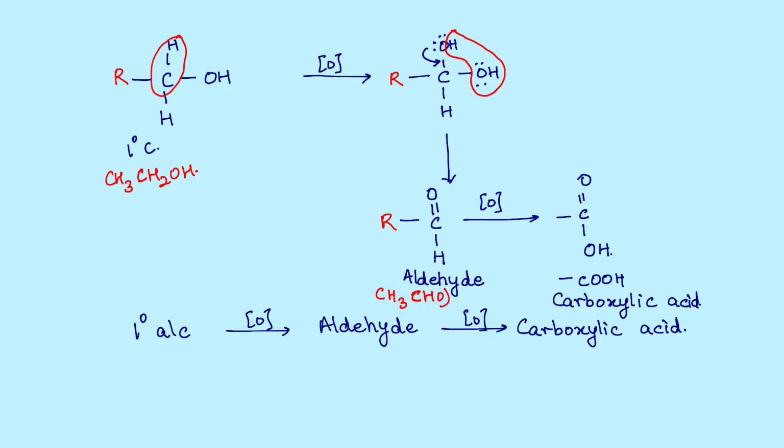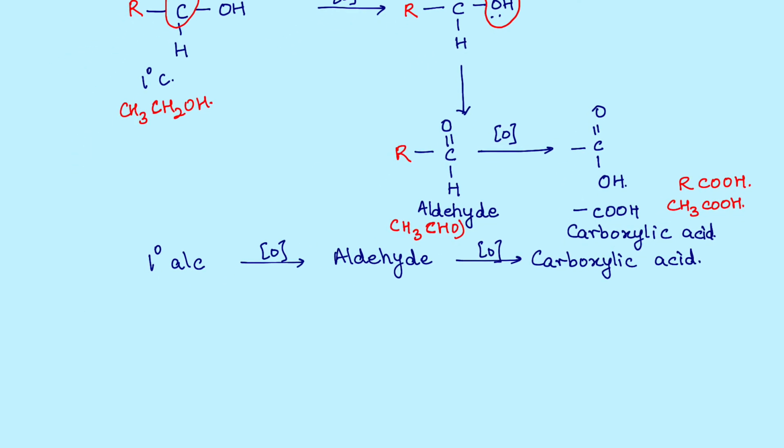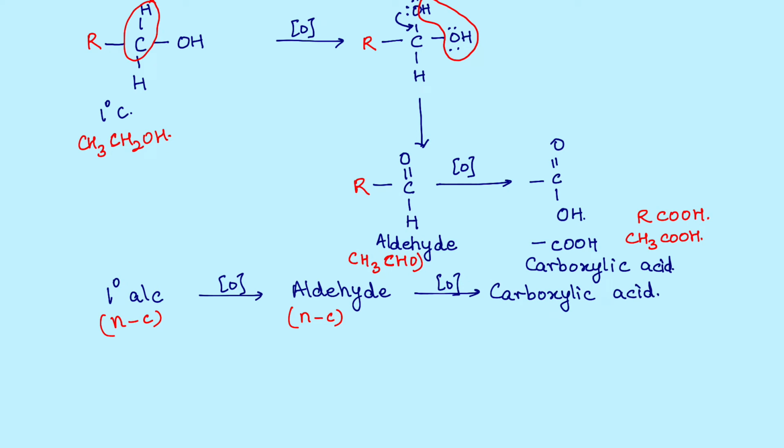Similarly, your final product over here, the carboxylic acid, would be CH3COOH, right? Or if you have taken just a general alkyl group, it becomes RCOOH. In other words, if I start with n number of carbon atoms, the number of carbon atoms in the aldehyde remains the same, the total number, inclusive of the functional group carbon, the aldehydic carbon or the acidic carbon.